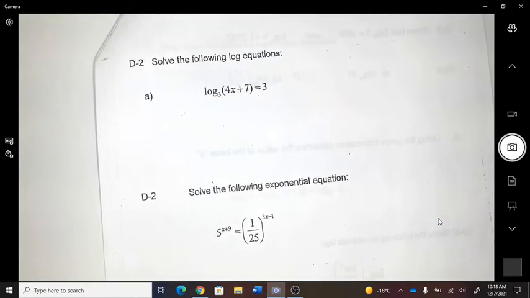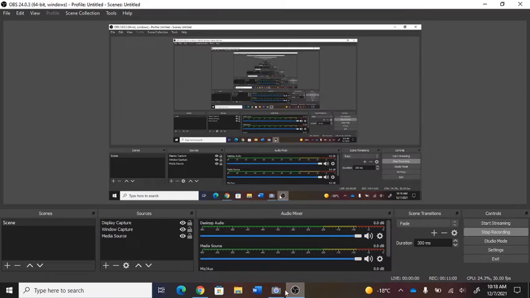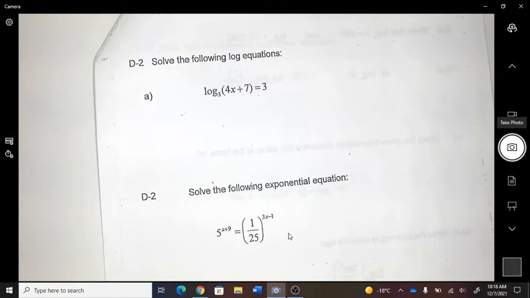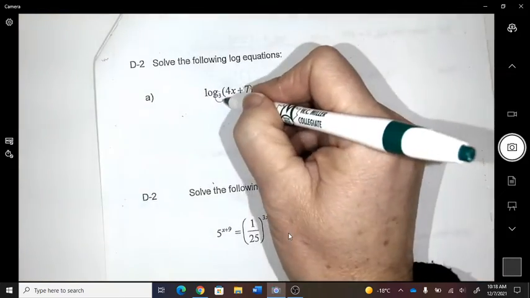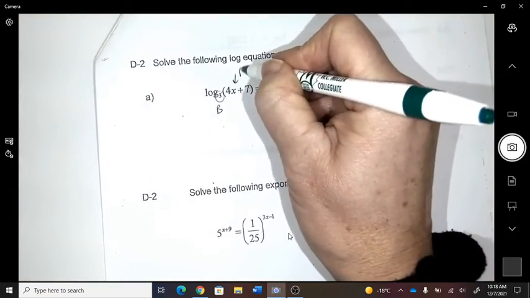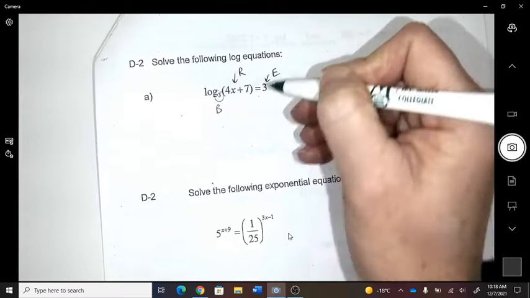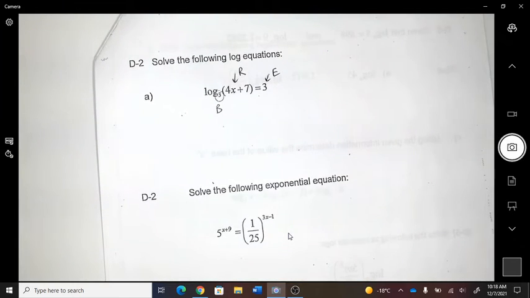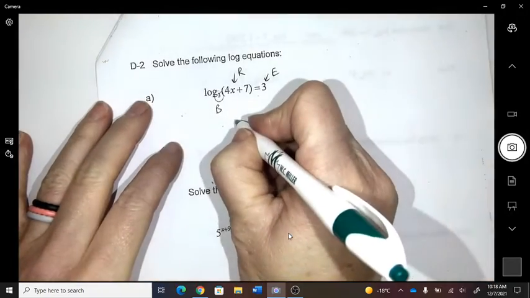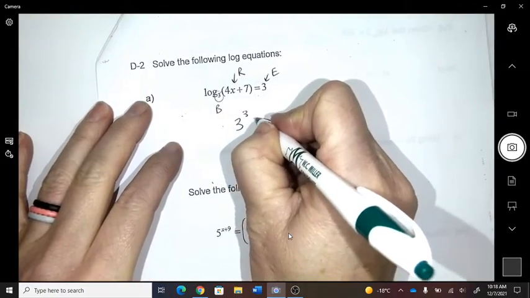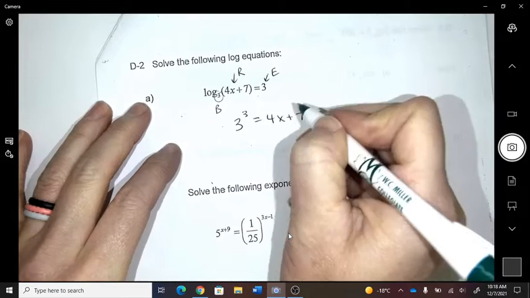Solve this log equation. I'm going to rewrite it in exponential form. Can you think about that? The base is here, this is the result, this is the exponent. Can you maneuver that into exponential form? So 3 to the 3 equals 4x plus 7.